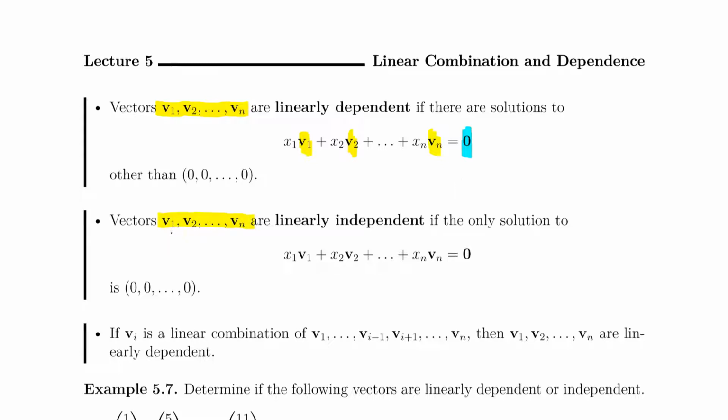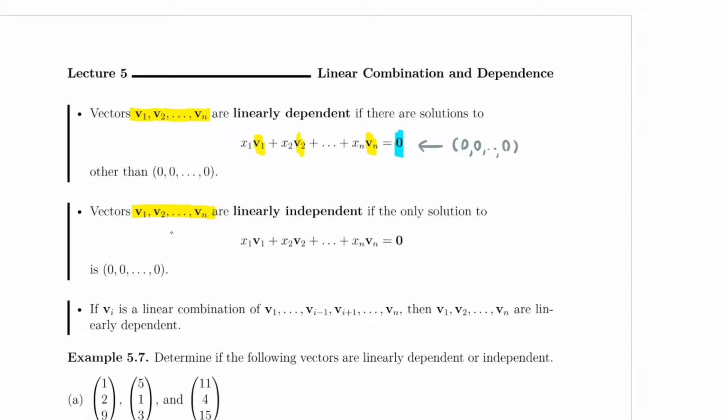So we knew, let me just write on the side here. We knew upon seeing this that 0, 0, 0, 0 is a solution for sure. But now the question is, are there any more? Are there more solutions than that?